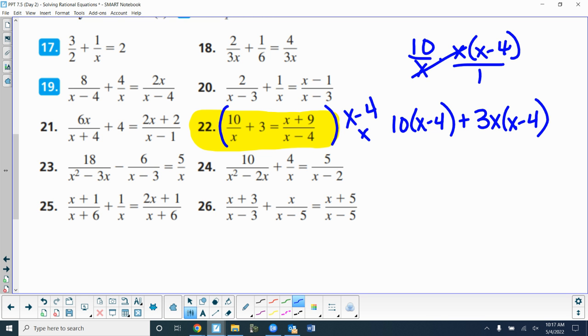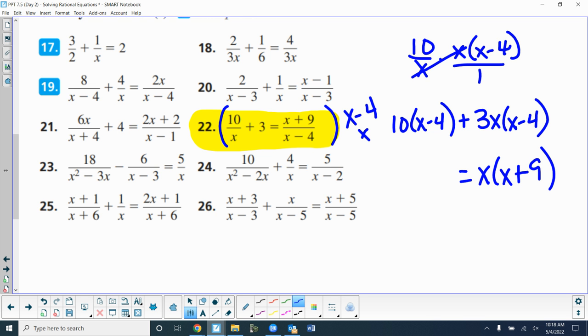Right? 3 times both of those. And then equals, I'm running out of room. What happens to the x minus 4s? They cancel, so it's x times x plus 9.